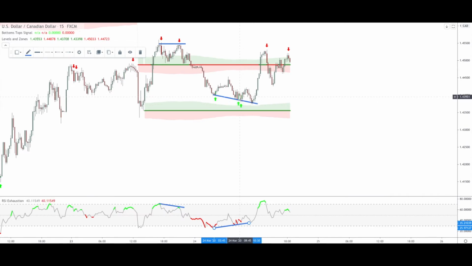So this was a trade that I would have traded to the upside, of course, with the stop loss at least maybe here below the buy area. If you wanted to be more conservative, at least at the level of the support here, and with the target at least at the resistance level up here.